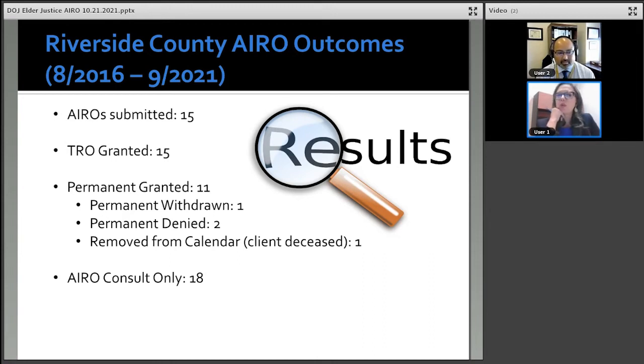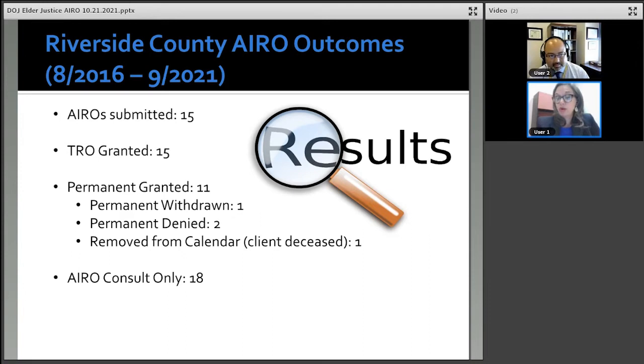Every now and then, the court may have more questions, and maybe it's not immediately granted, but most of them are. Of that, 11 of them actually reached the permanent status. And so just to talk about what happened with the other 3, we had a client who unfortunately passed away before the permanent was issued.